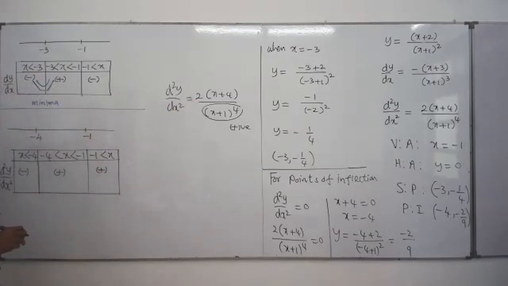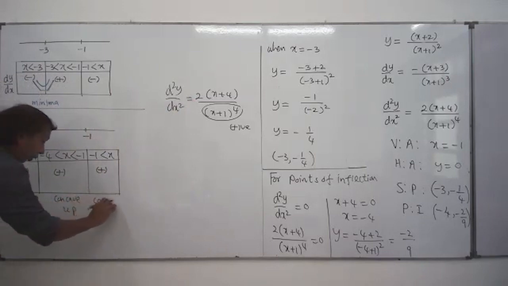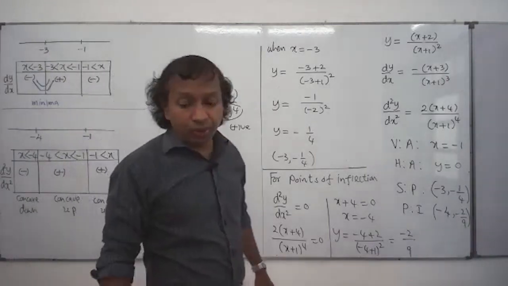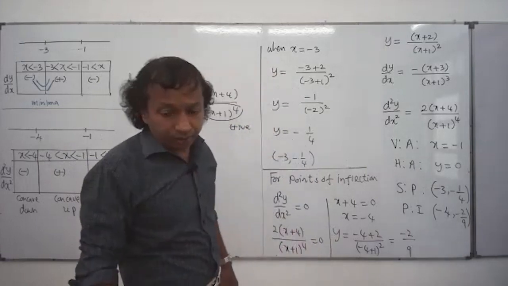People, now, by the second derivative sign, you can say what? If the second derivative sign is negative, concave down. Positive, concave up, here also concave up. We know second derivative positive means concave up, second derivative negative means concave down. Right.